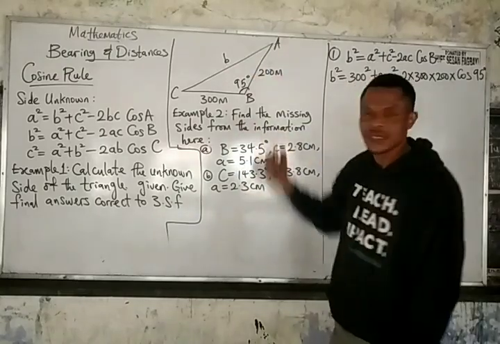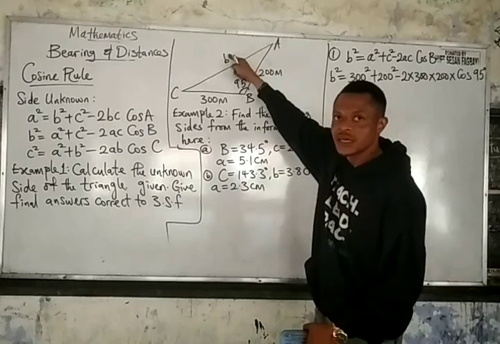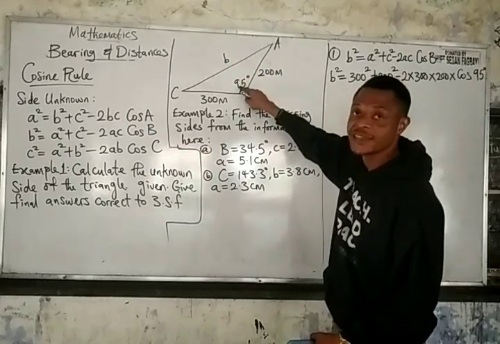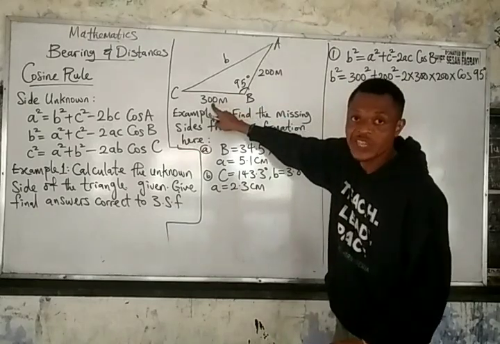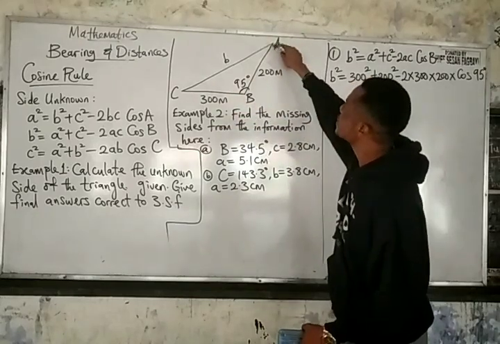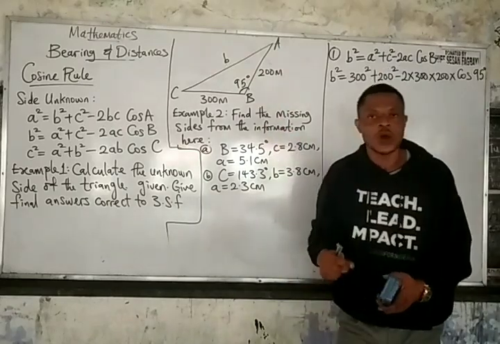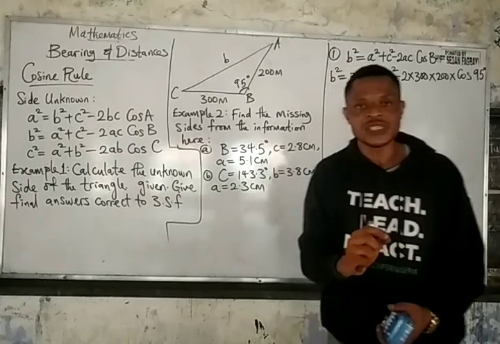That means two things will be unknown. Or if we work with the B that we are looking for over sine 95, equals A, 300, over sine angle A, which is unknown. That means the sine rule will not work in this case. That's when we use the cosine rule.